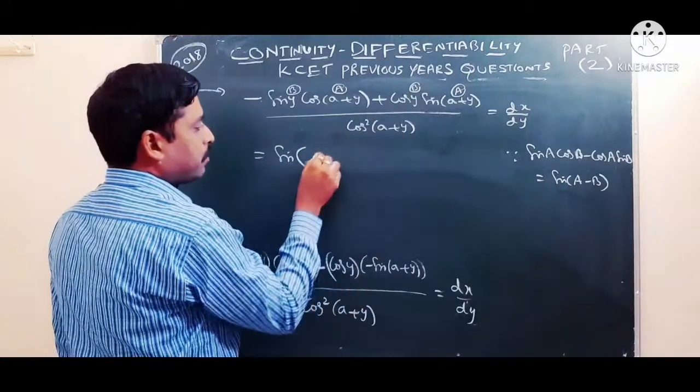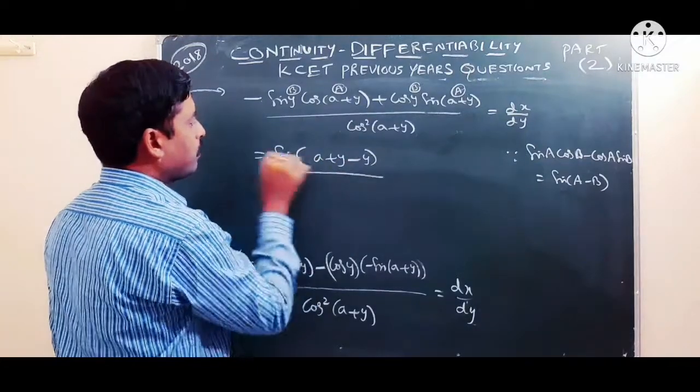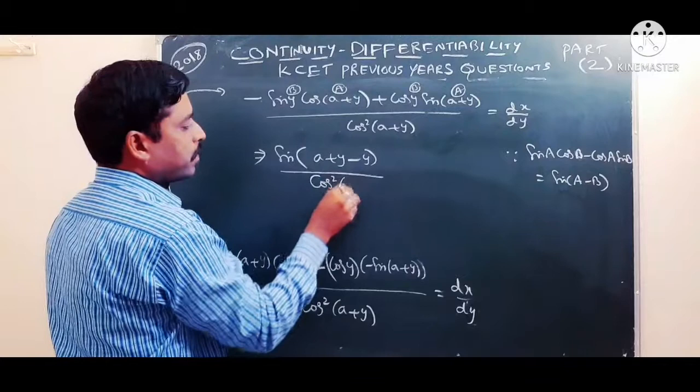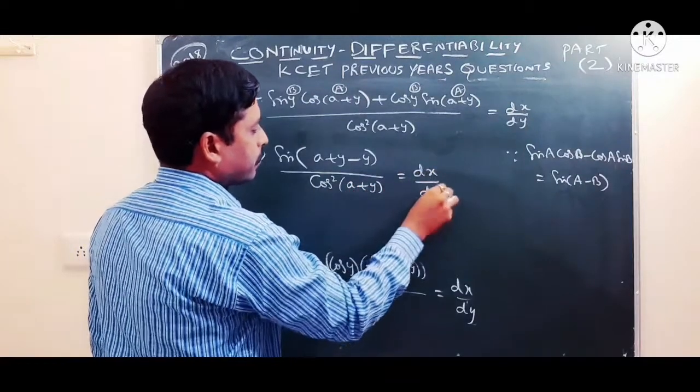By using that formula, here a is replaced by a plus y and b is replaced by y. This whole divided by cos square of a plus y will be dx by dy.